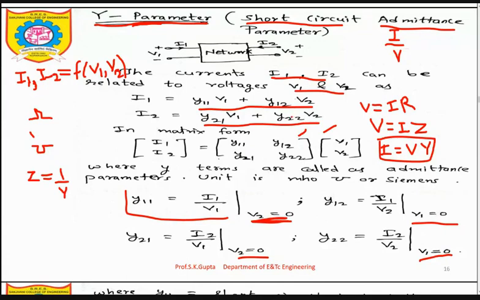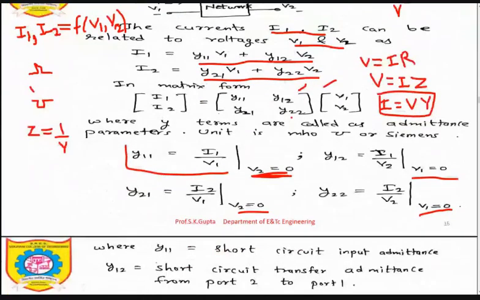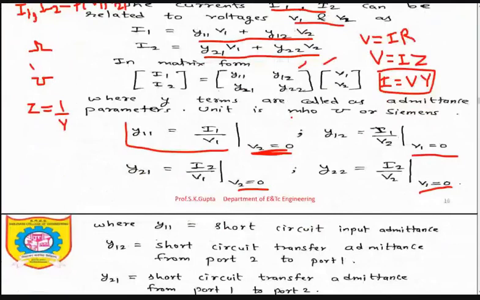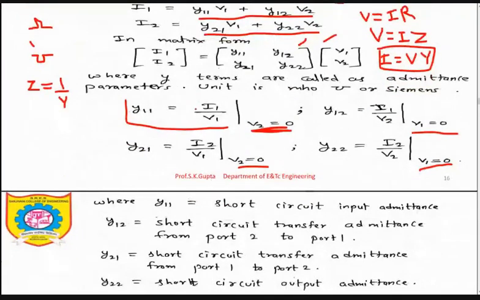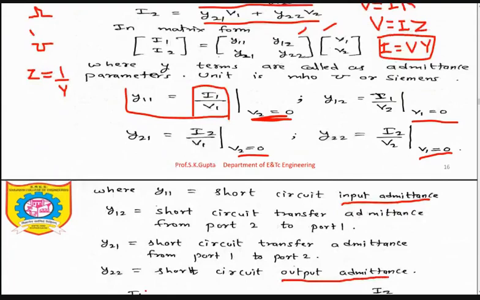Now next, Y11 is nothing but I1 upon V1. This is the input side, input current and input voltage, so it is nothing but input admittance. Similarly, Y22 is output current upon output voltage, so it is output admittance.